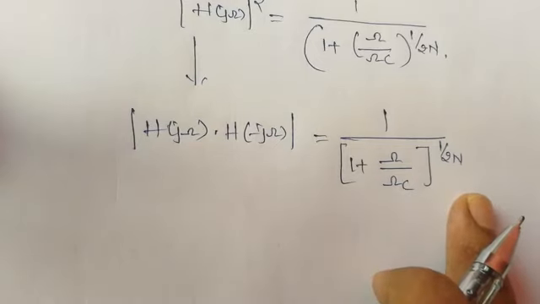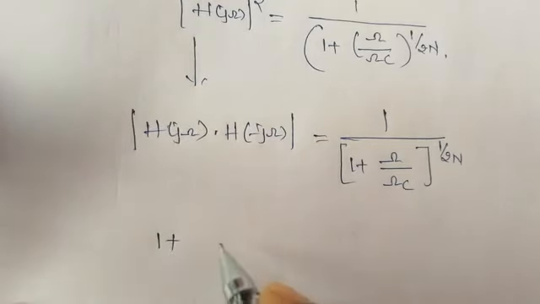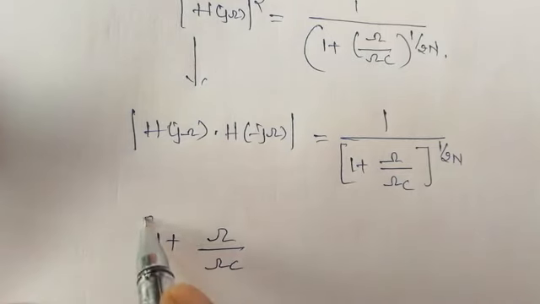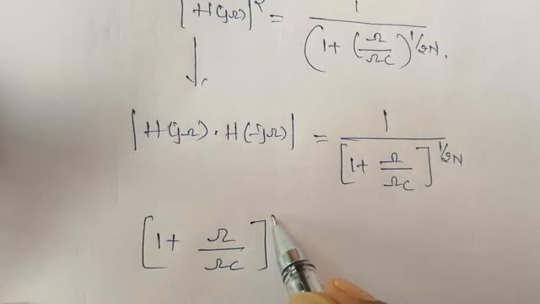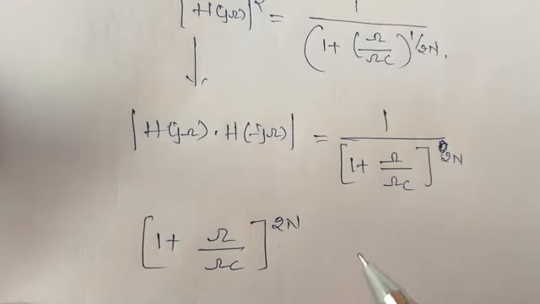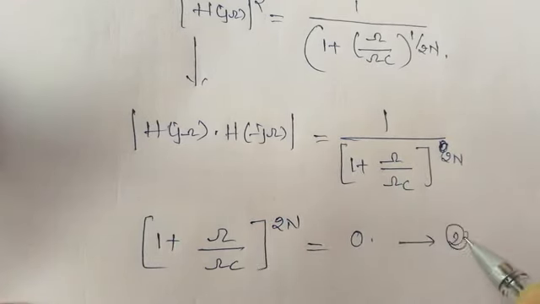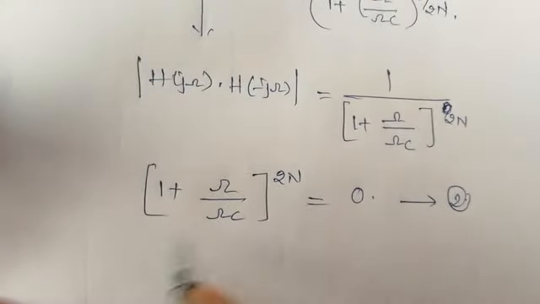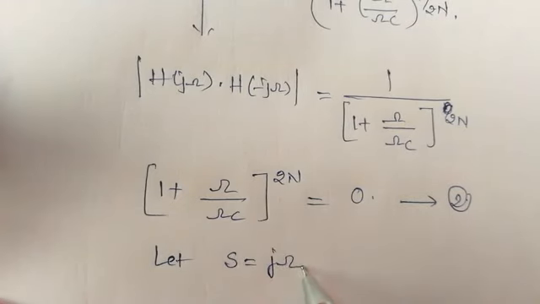Let us equate 1 plus (ω/ωc) to the power 2n equal to 0. Represent this as equation 2. Then one more assumption I am making: let s equal to jω.